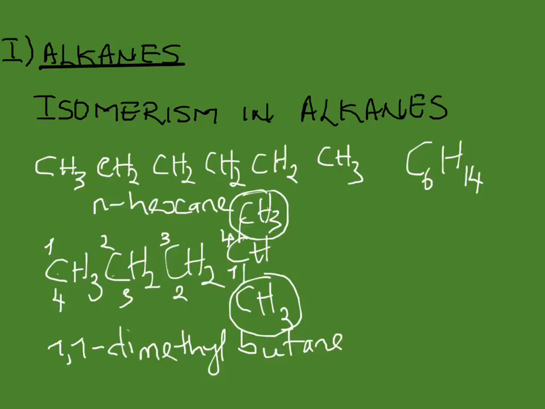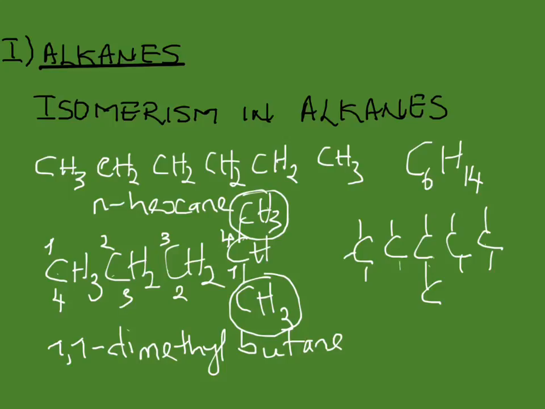Another structure we can have is this, making the longest chain 5 carbon atoms, and we put this here. This one, let's count from the left. 1, 2, 3. First on carbon 3. 1, 2, 3.